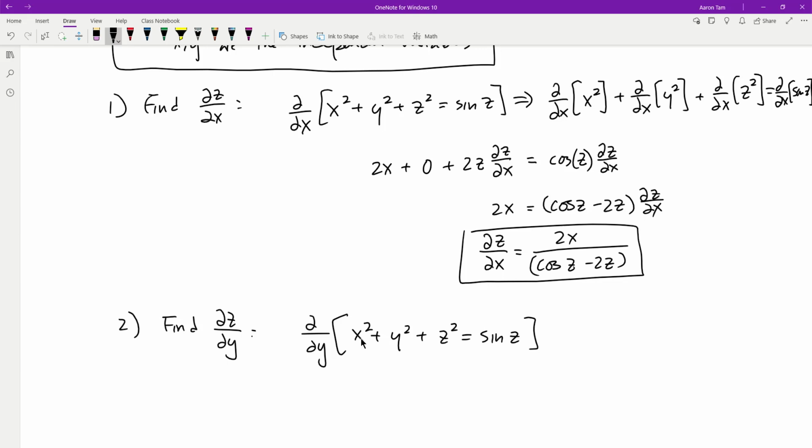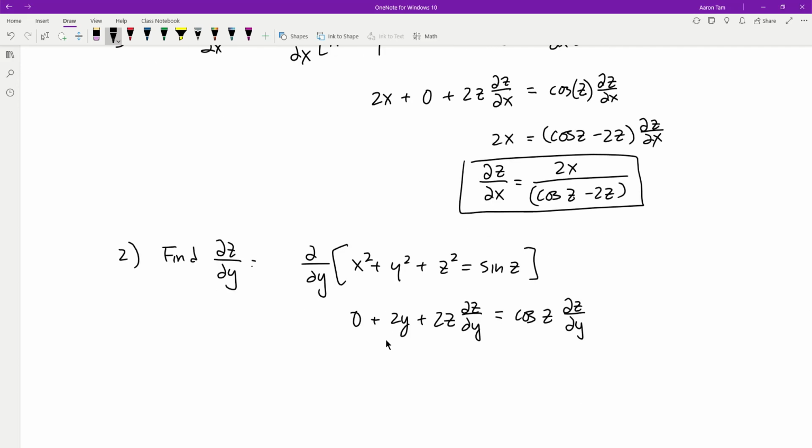So what happens to x squared? Well, x squared is a constant in the partial derivative with respect to y, so that is 0. The derivative of y squared is 2y. The derivative of z squared behaves the same way as before, so that becomes 2z dz over dy, equal to cosine z dz over dy.